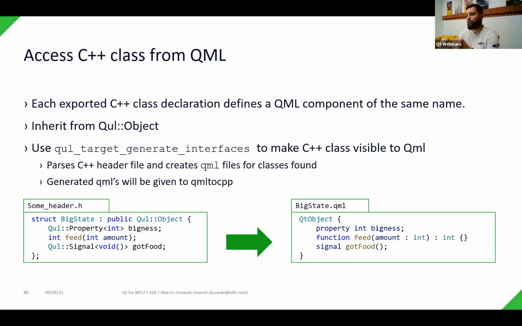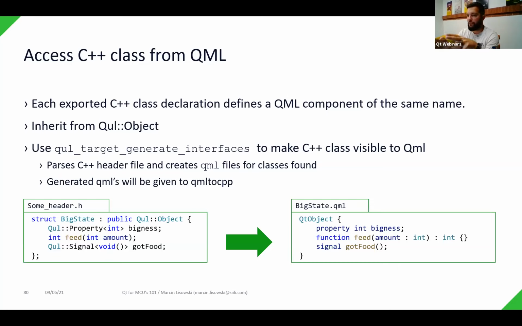And then during the compilation process, your headers will be translated to QML interfaces that are needed, in fact, by our internal tools for the generation process of other intermediate files. And you just have to know that this is happening.